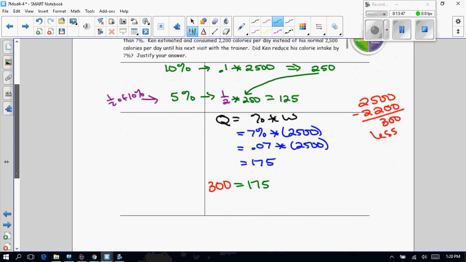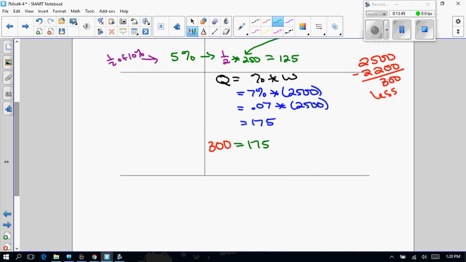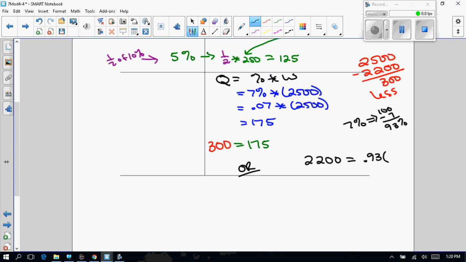So let's see here. Another way we could have solved this, you could have said, all right, he's been taking in 2,200 calories, and instead of using 7%, I'm going to take 100% minus the 7% and get 93%. He should eat 93% of what he has been, 2,500 calories, okay?